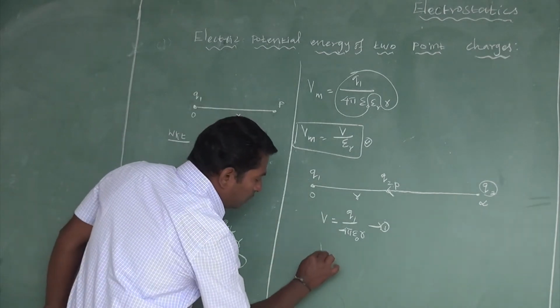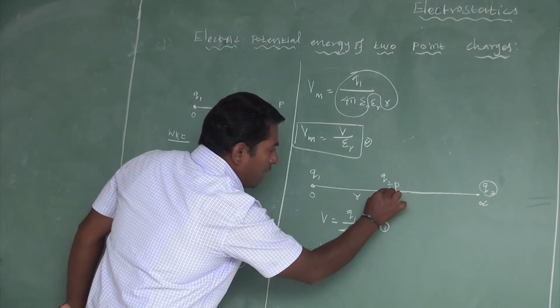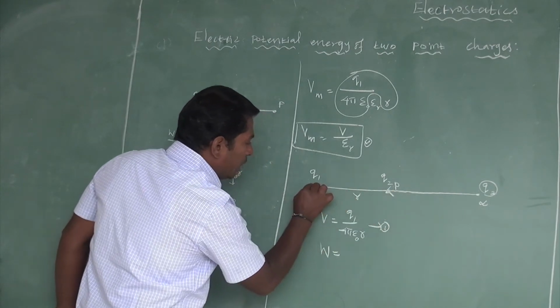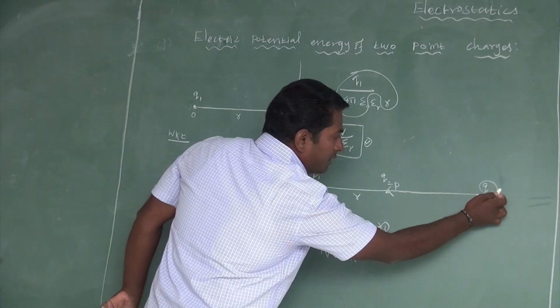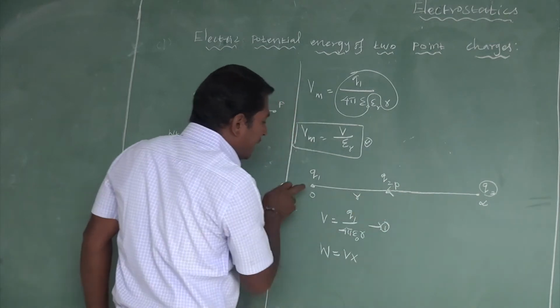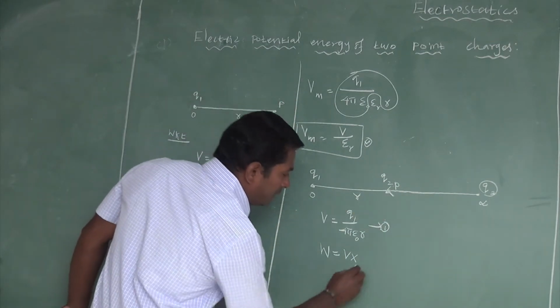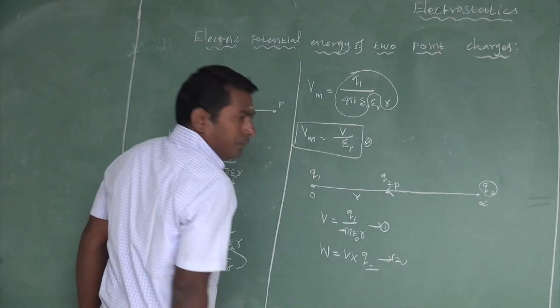The total amount of work done W is equal to the potential produced at a point P due to the Q1 point charge, multiplied by the moving charge Q2, which is moved from infinite distance to that point against the electrostatic repulsive force due to Q1. This is equation number 2.